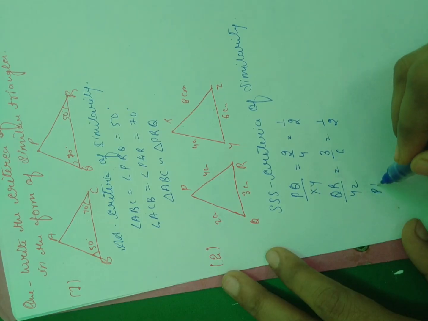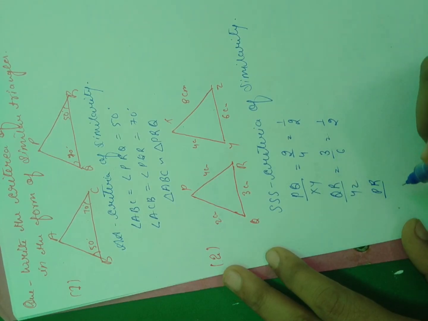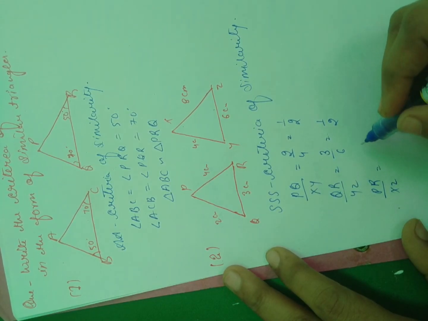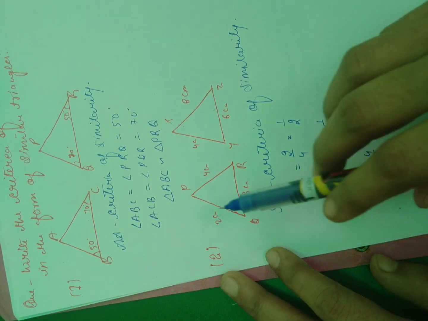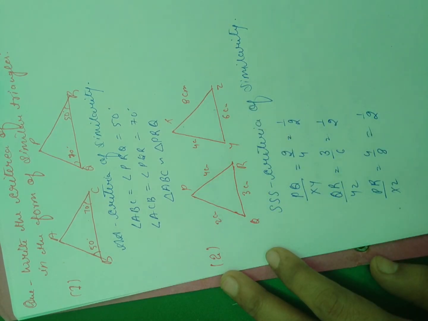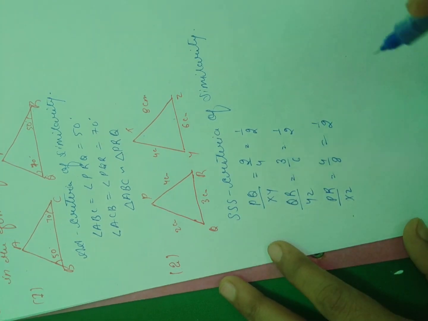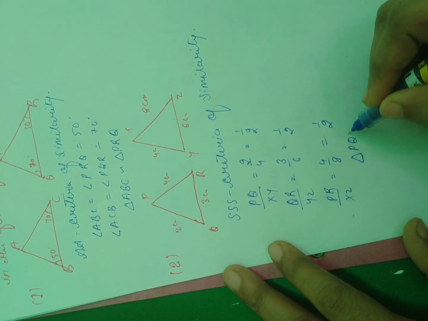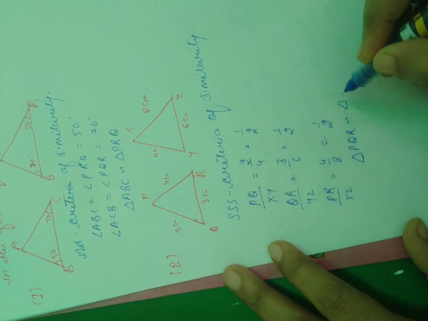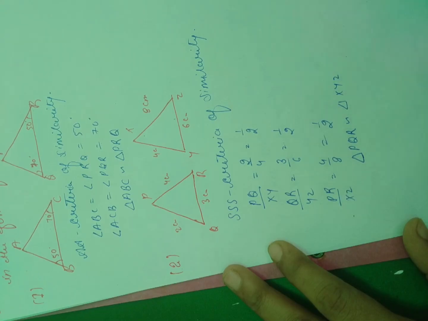And PR by XZ gives 4 by 8, which is 1 by 2. So their corresponding sides are in the same ratio. So here the SSS criteria of similarity, and we can write it as triangle PQR is similar to triangle XYZ.